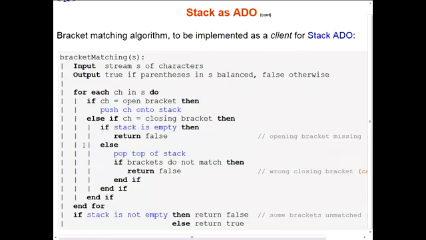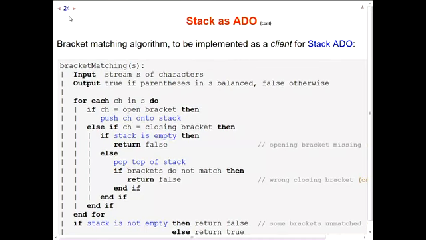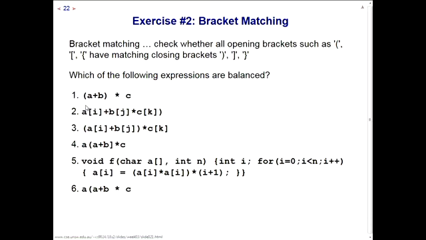Now what it does to use a stack is it takes each character in the sequence in the order in which they appear, and if it finds an open bracket, it pushes this open bracket on the stack. If it finds a closing bracket, then if the stack is empty, this is like the first case that we had here.